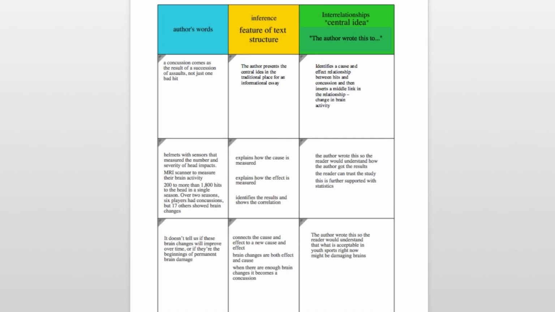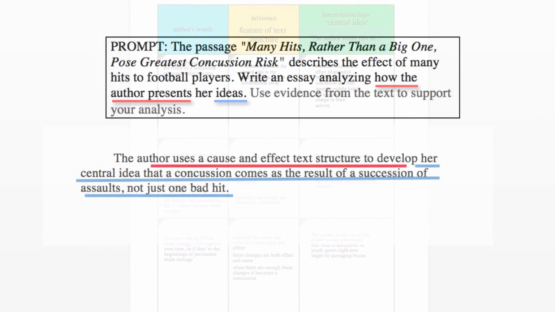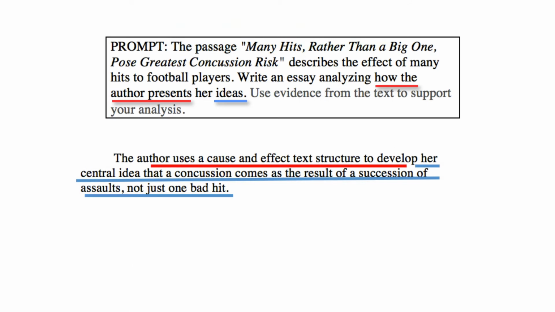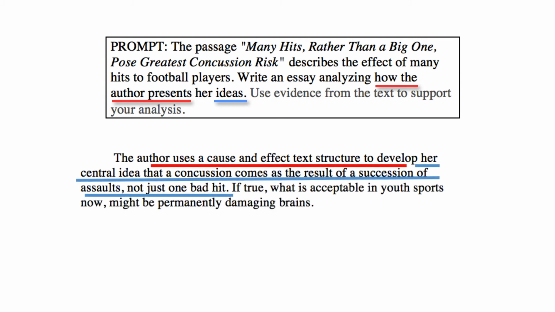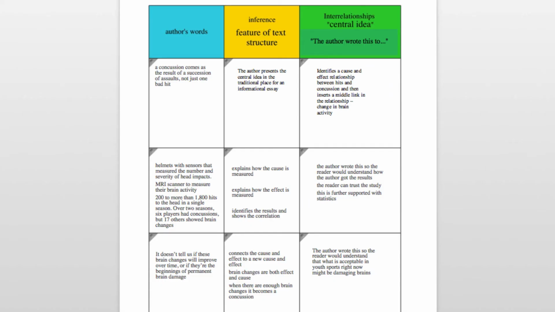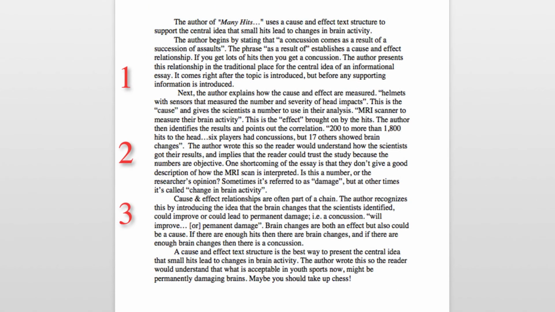The last step of the work is to use the information from your graphic organizer to write an essay sharing your thoughts. The first sentence of your essay uses words from the prompt and serves as a simple assertion. Older writers might include one of the conclusions they'll introduce later in the essay. The information from each row of the graphic organizer is used to complete a big idea paragraph.